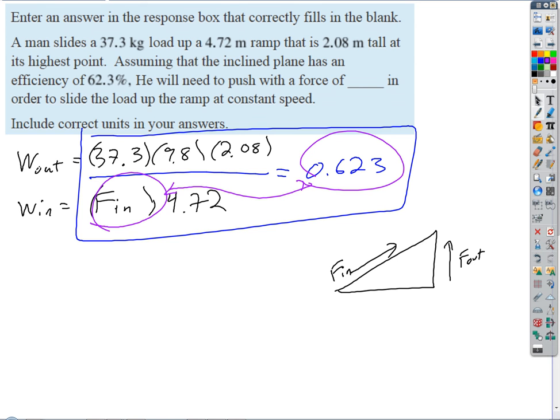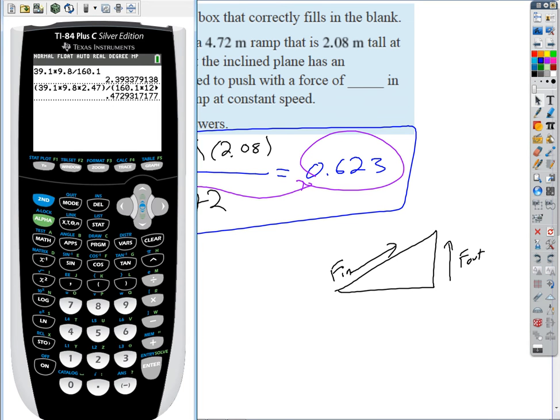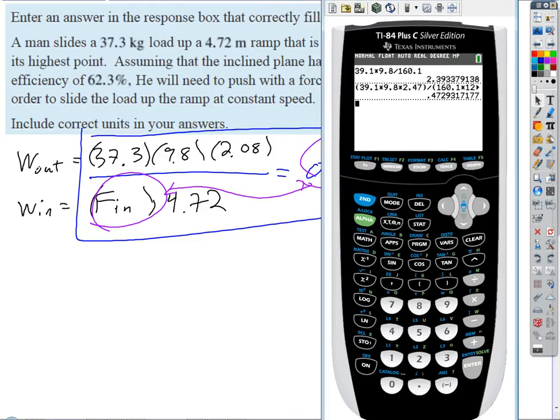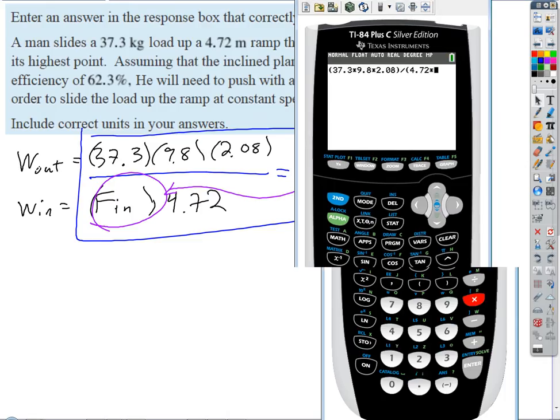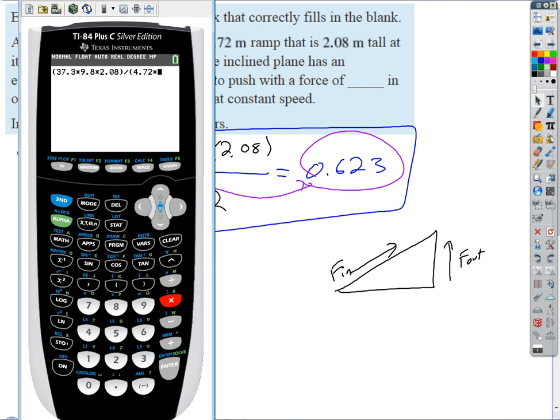So what would I get? Well, we can figure it out. We would get the quantity 37.3 times 9.8 times 2.08 divided by the quantity 4.72 times 0.623, right?